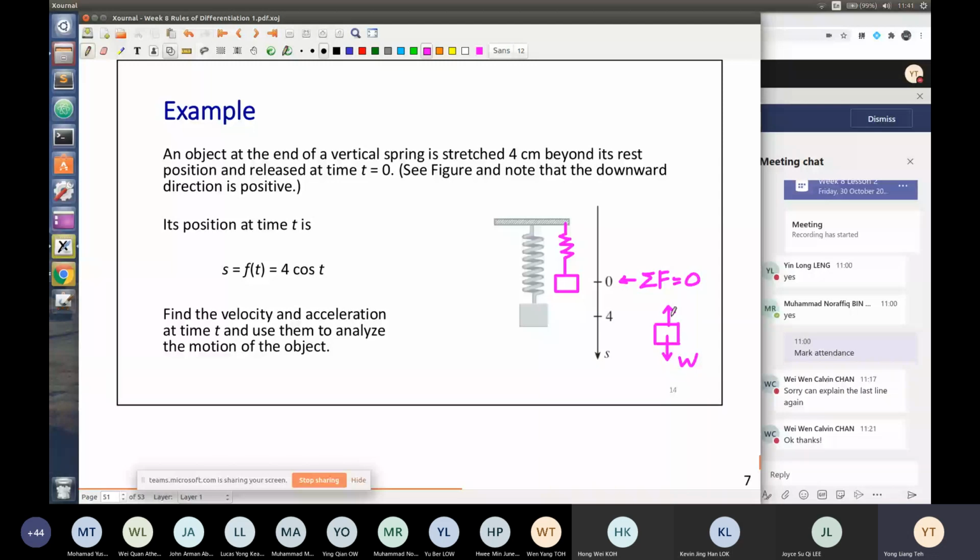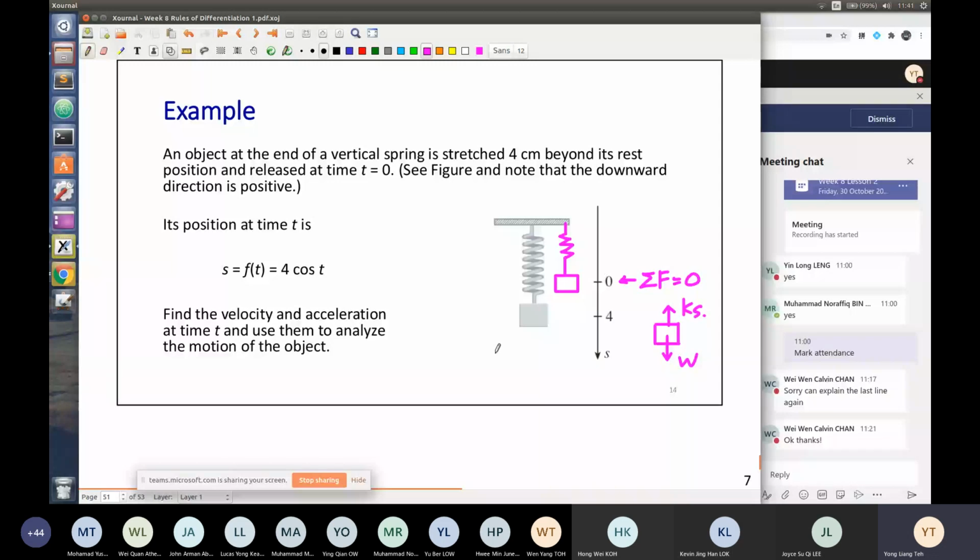I think you might have gone through basic physics, and you know the spring force is given by Kx, or in this case Ks. So the spring stretches by 4, and depending on the spring constant K, this spring force will balance the weight at this zero equilibrium position. So that's the idea here.